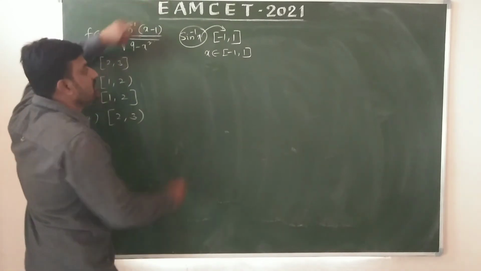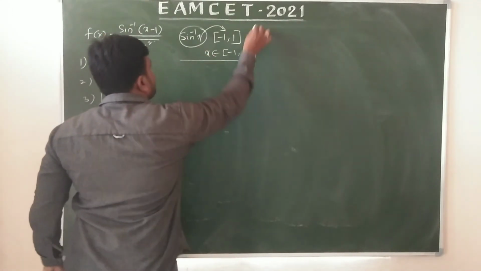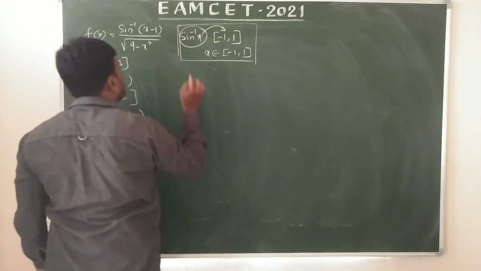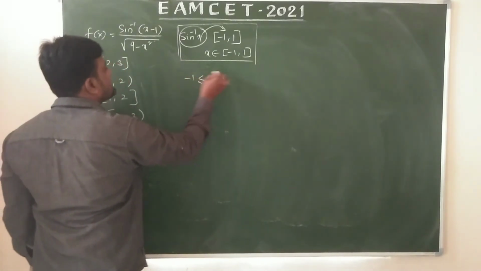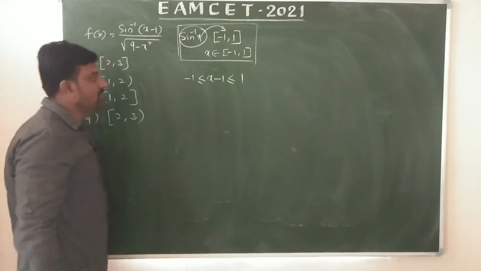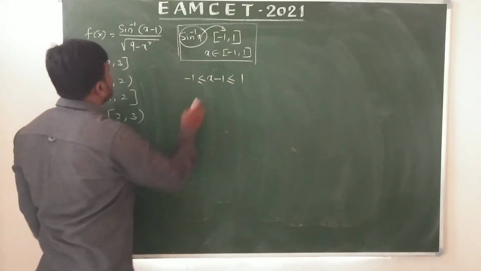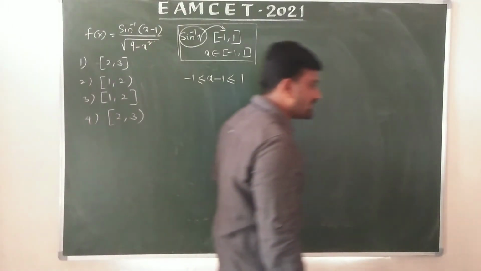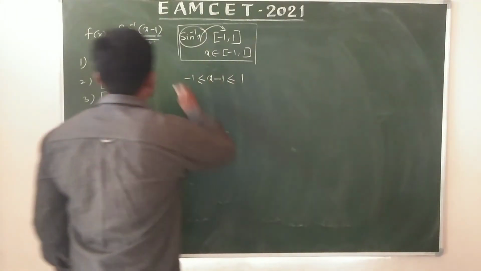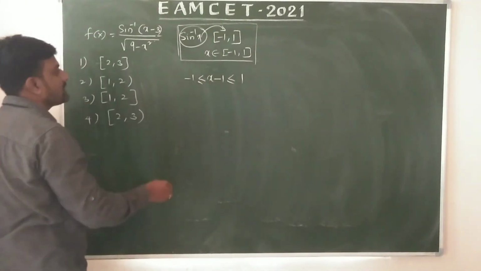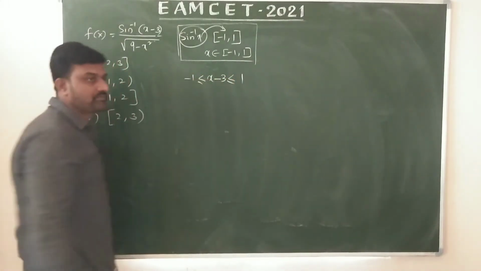From the problem, x minus 1 is between the minus 1 comma 1 interval. Sorry, actually the question is wrong. Here it is x minus 3.